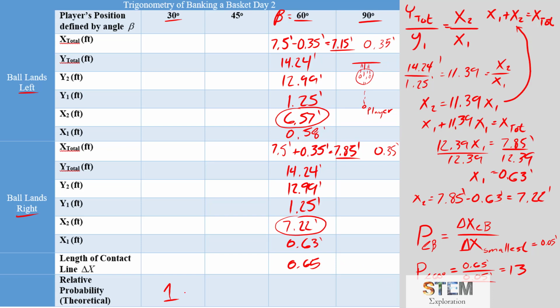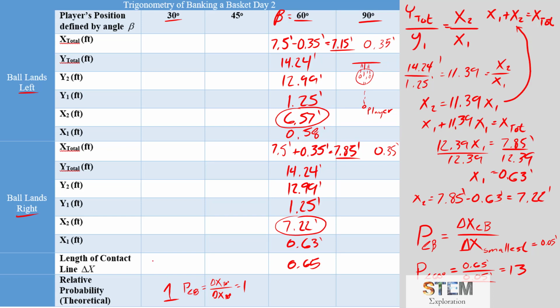And the reason why this is 1 is that if this is the smallest position, and you go probability of beta, or let's say 30 degrees, and you have whatever the distance is, delta x at 30 degrees all over delta x of 30 degrees, well, this should equal 1, regardless of what delta x is.